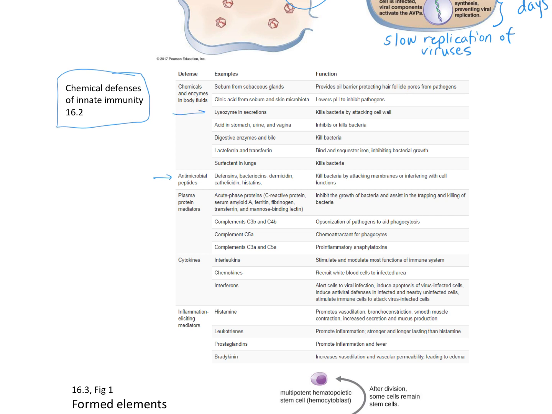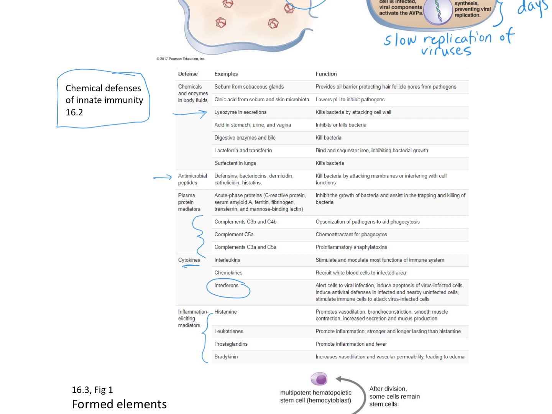We mentioned a few of these, like the lysozyme. We talked about complement and its function. We briefly mentioned a few cytokines here, a little bit more detail here. And these inflammation eliciting mediators, we're going to briefly mention those soon when we talk about inflammation.